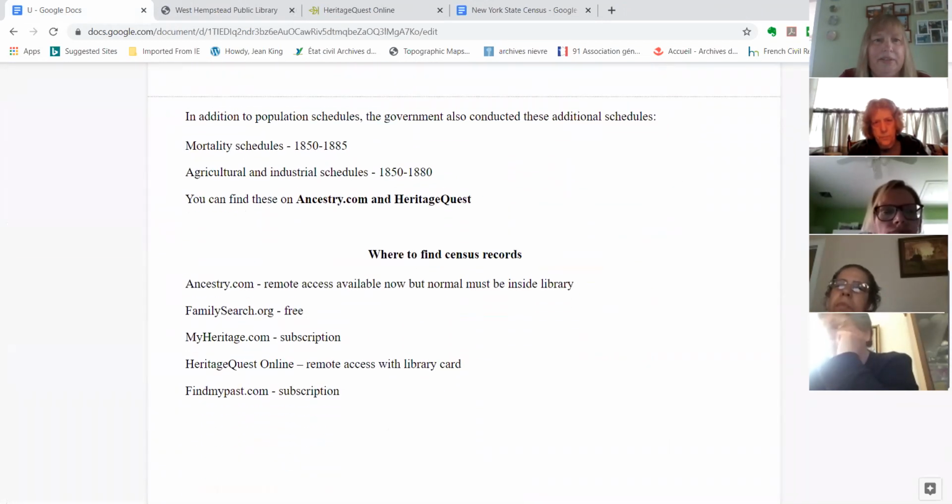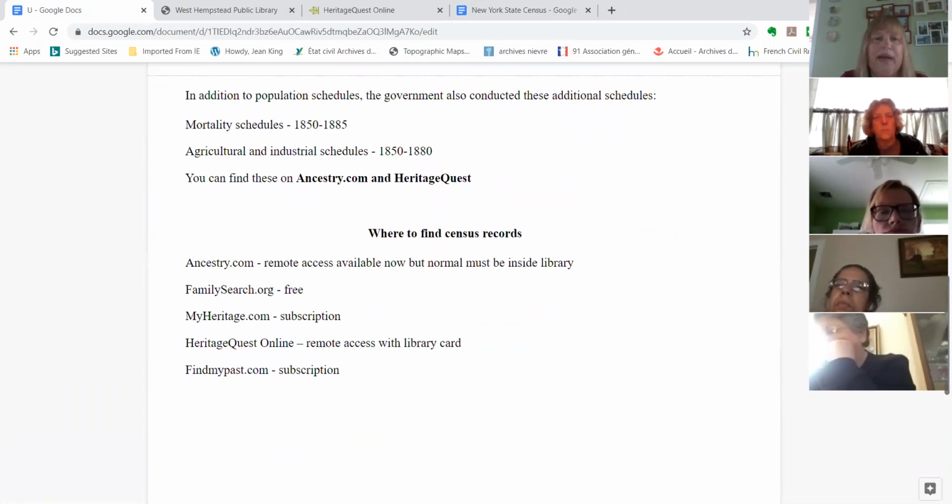Now, in addition to the population schedules, which is what we were just talking about, the government also occasionally had other census schedules done. And these three are probably the most common ones. The mortality schedule, which was recording deaths for the year previous to the census date.